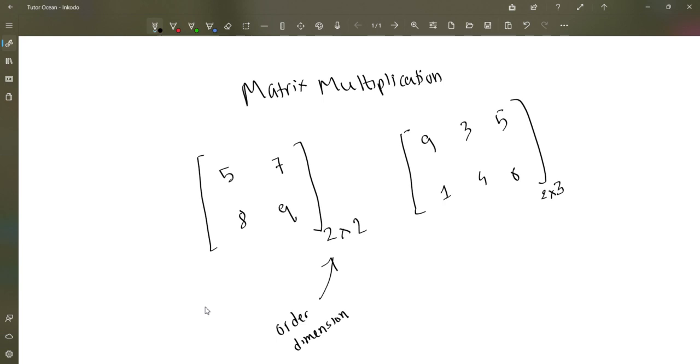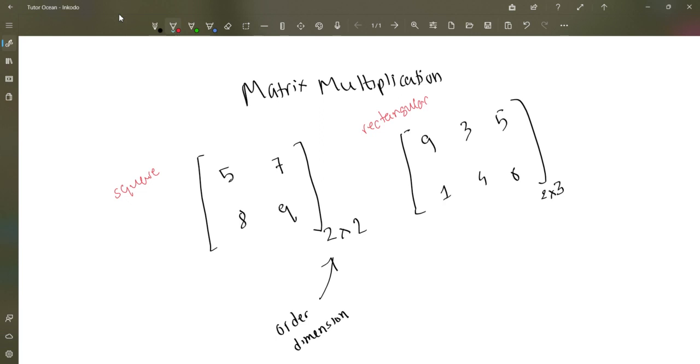Okay, so let's signify. The first one is called a square matrix. The second one is called a rectangular matrix.